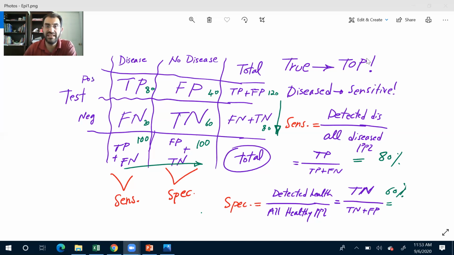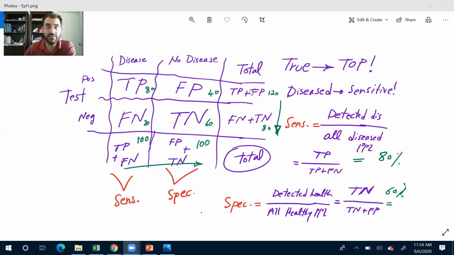Now the rest of the table is easy breezy. The first row are positive tests. Guys, if you don't get the first portion of the day, we'll have problems for the whole day. That's why I'm slowing down a little at the beginning.